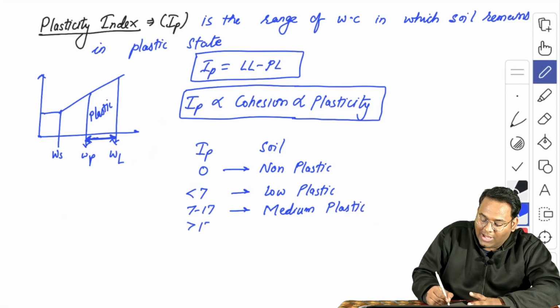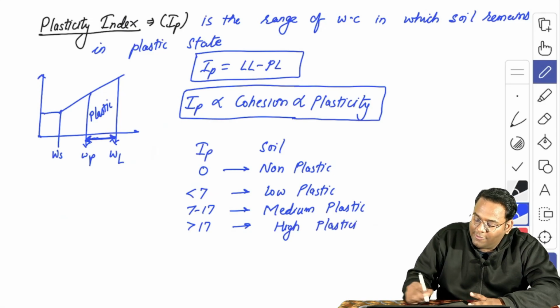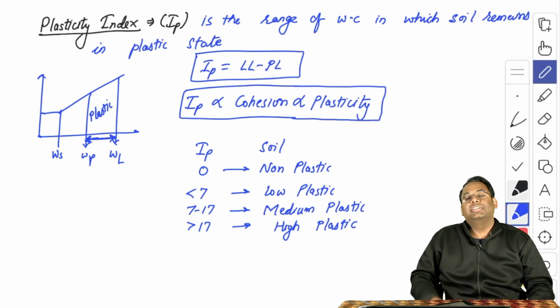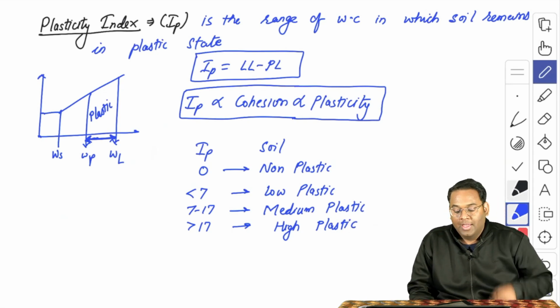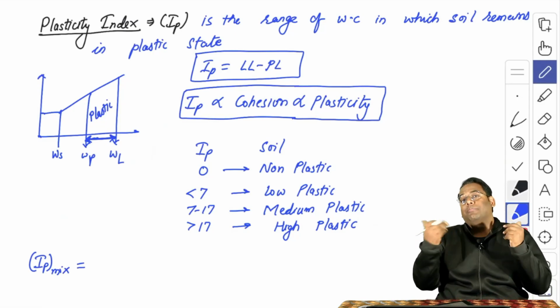Whereas if the value of IP is more than 17, then that is said to be of high plasticity. So that is just to give you an idea of how the value of IP is changing the property of soil.